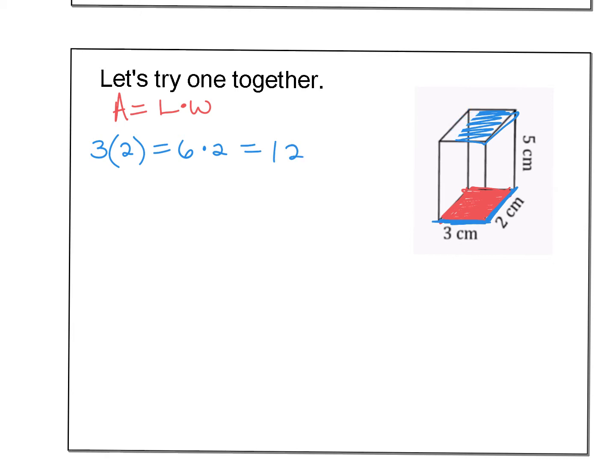So I'm going to erase this and erase this. And now I've got my next side. Let's find our next side. I'm going to do the side of this rectangular prism, which is right here. I'm just going to trace it and fill it in to make it a little bit easier to see. So this side and this side right here are matching rectangles, right? My right and left side.